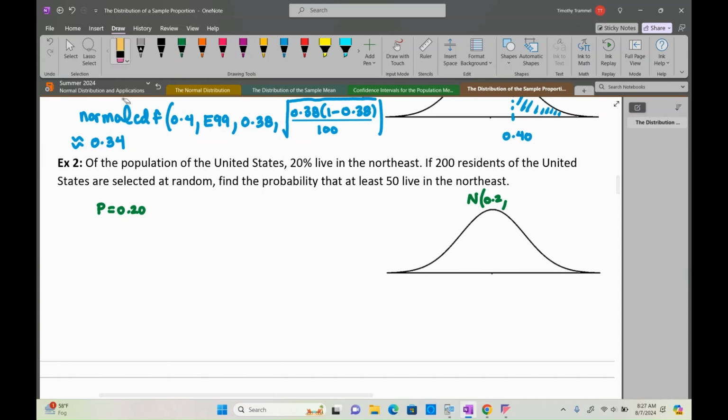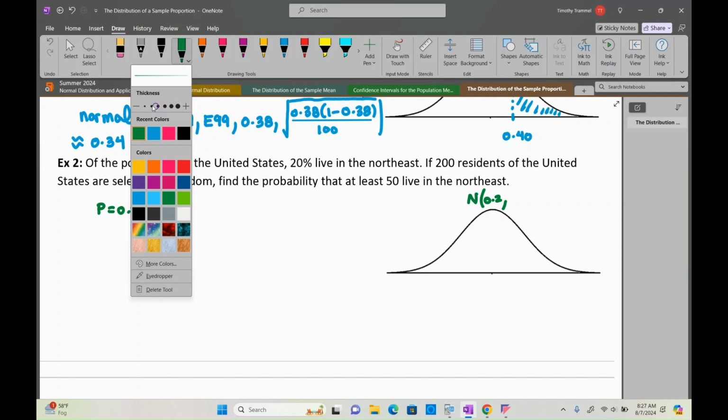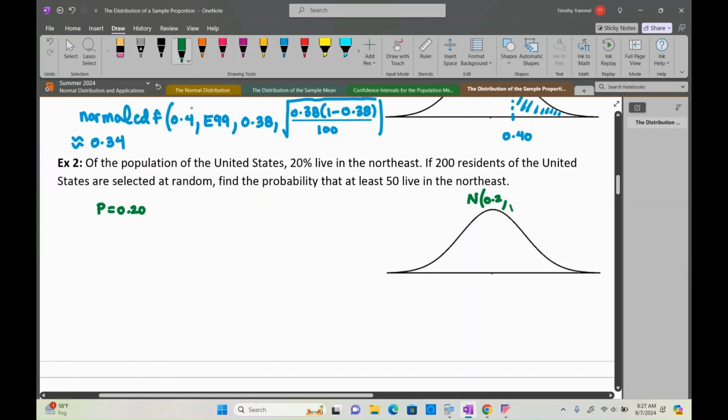Let me see if I can write that with a little bit smaller marker so that it's easier to read. So there's P times 1 minus P, and then I want to divide that by the sample size, which is 200.